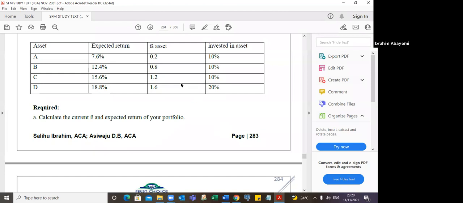The beta of a portfolio is the weighted average beta of the individual assets or securities in the portfolio.